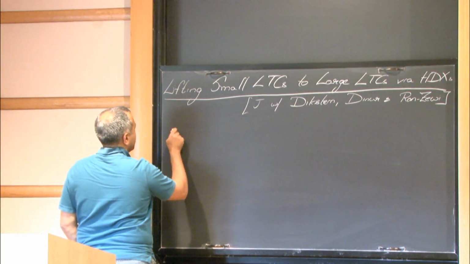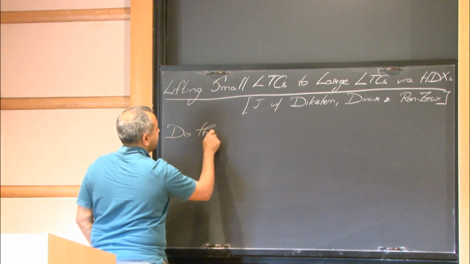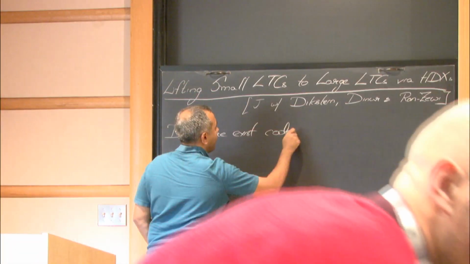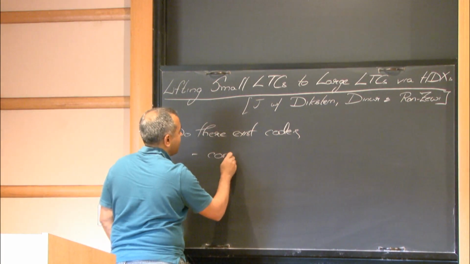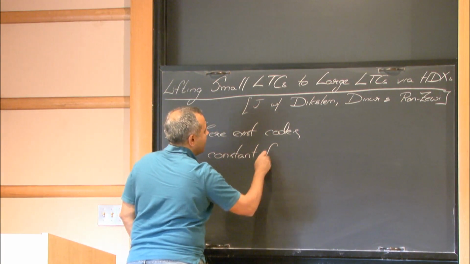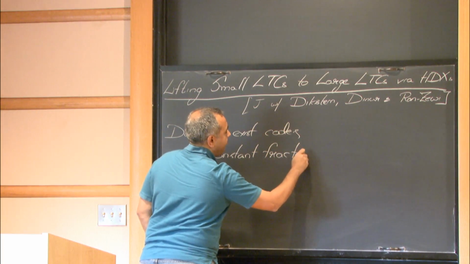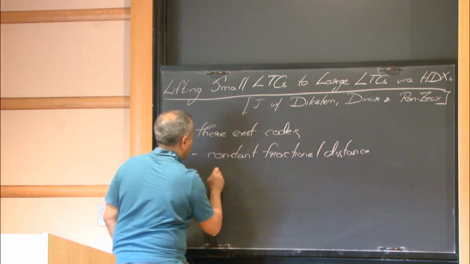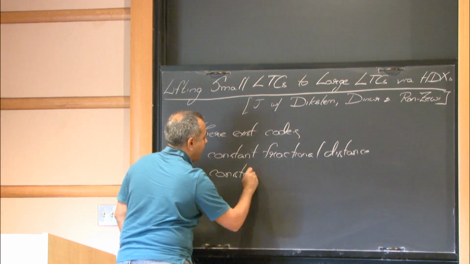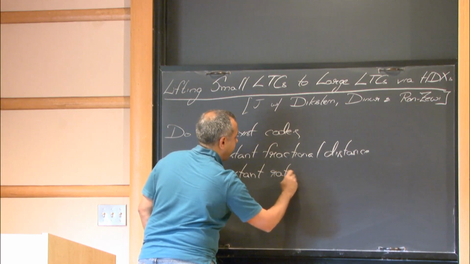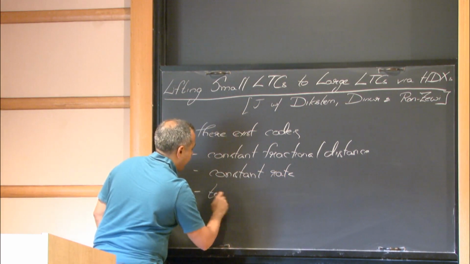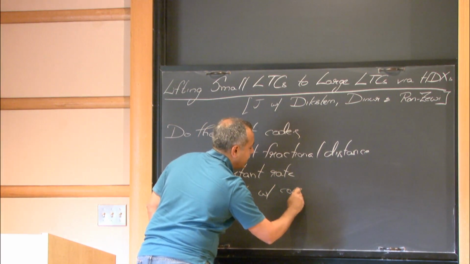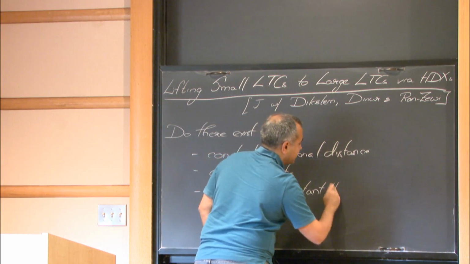The question is, do there exist codes that have constant fractional distance, constant rate, and are testable with a constant number of queries?